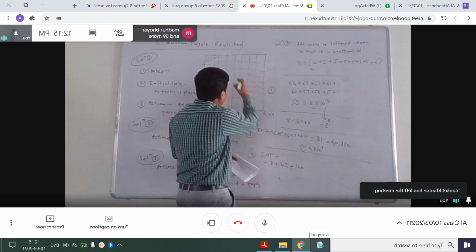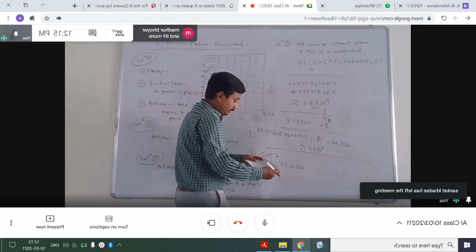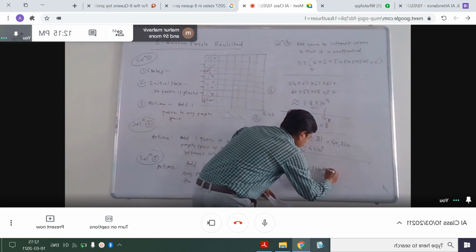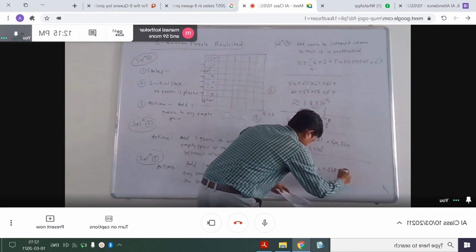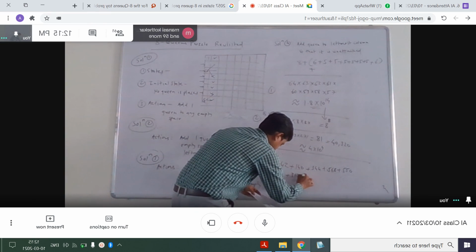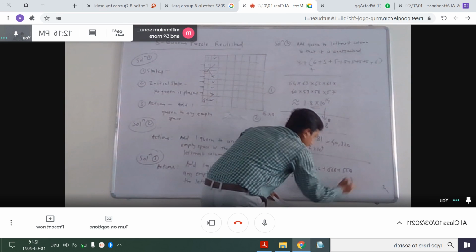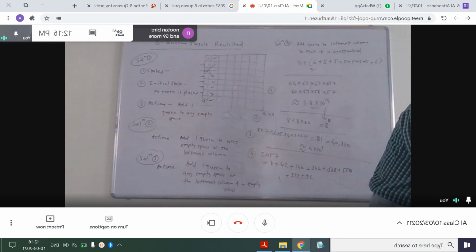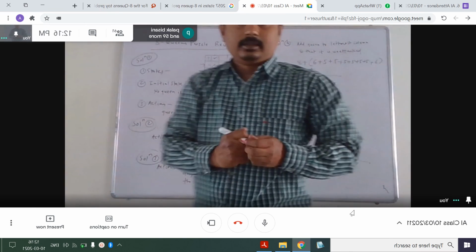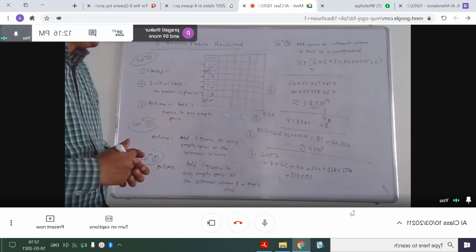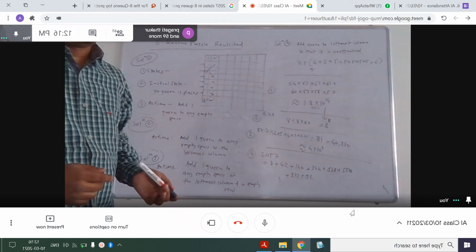For the third queen, we will have this many options. So this is how you can simplify your problem. You can simplify the number of states if you redefine your problem. If you add some constraints, your problem can be simplified.